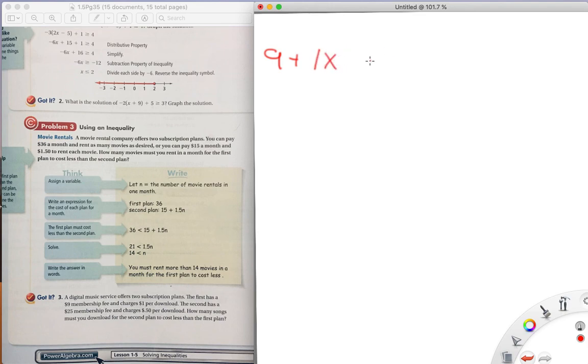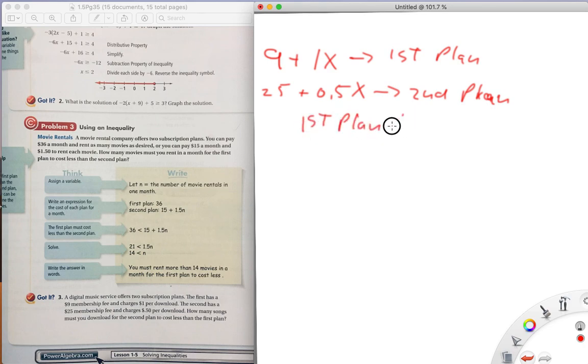The second one charges a $25 membership fee and 50 cents per download. And they want to know how many songs you need to download for the second plan that costs less than the first plan. So this would be the first plan, and this would be the second plan. They want the first plan to be less than the second plan.